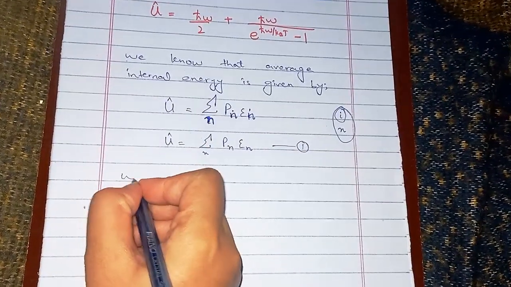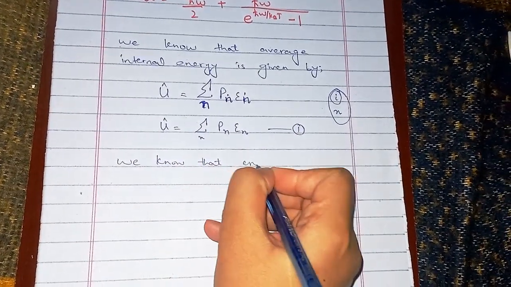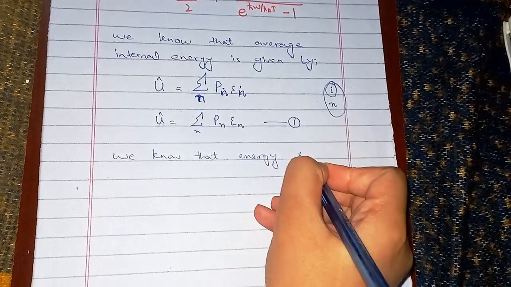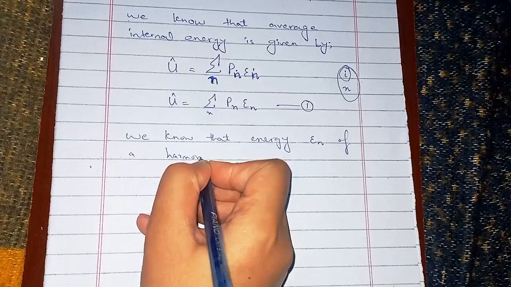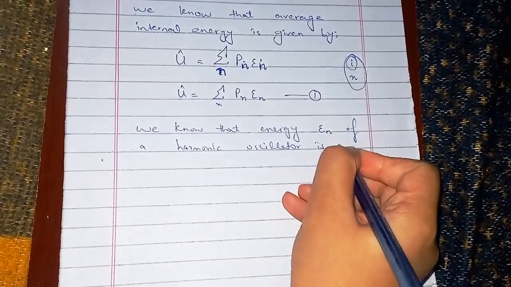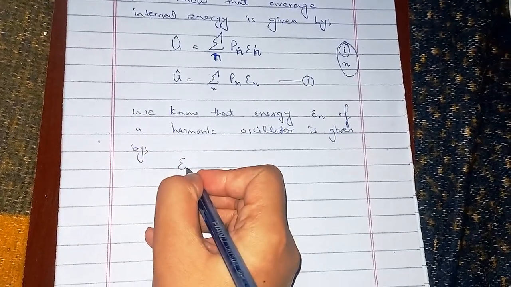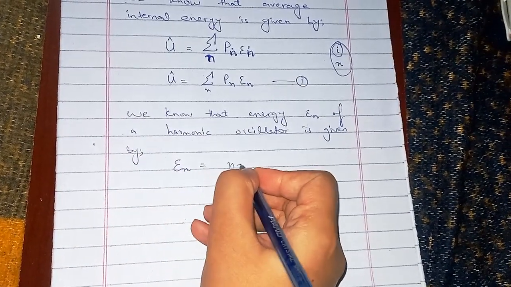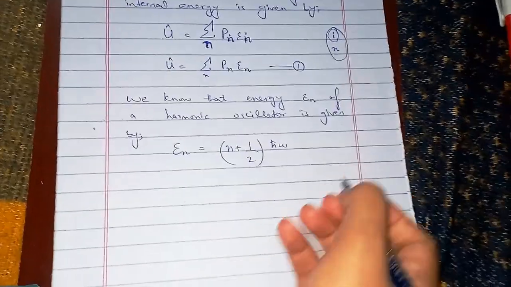We know that the energy E_n of a harmonic oscillator is given by E_n equals n plus 1 by 2 h cut omega.